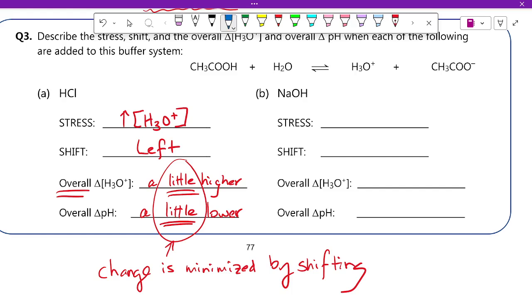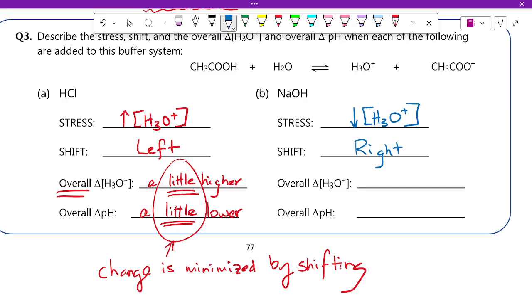If we add NaOH, what is the stress? A decrease in the concentration of H3O plus, yes indeed. And so we shift to the right.